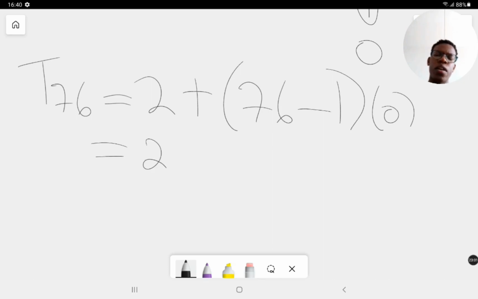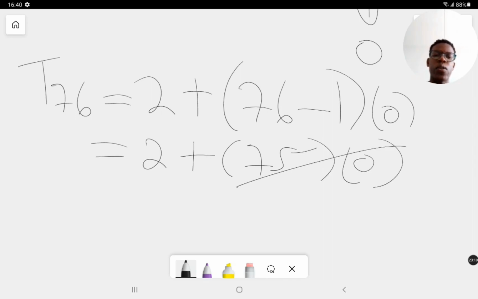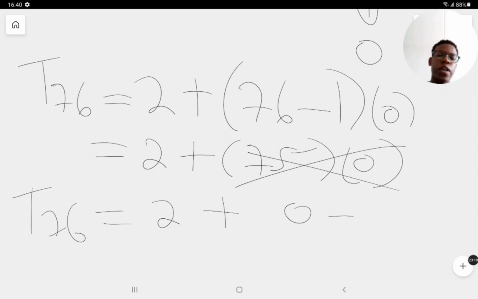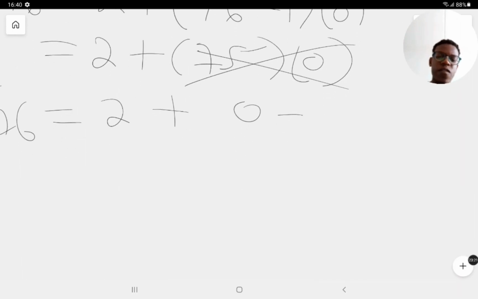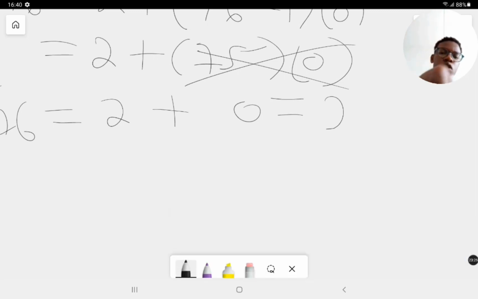We've got 2 plus, what is 76 minus 1? It's 75 multiplied by 0. Now, anything multiplied by 0 is 0. So that falls away because that becomes 0. And then we get 2 plus 0, which is equal to 2.